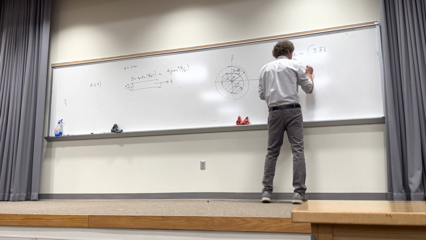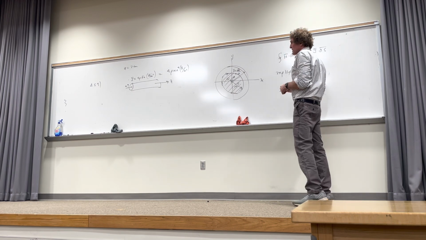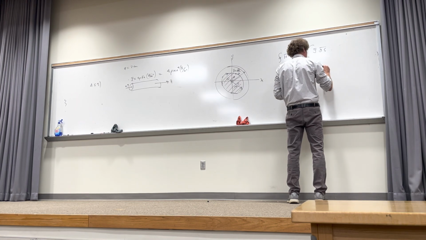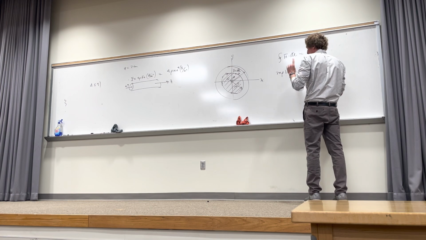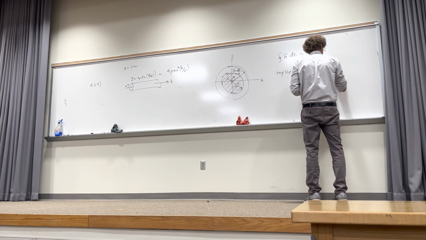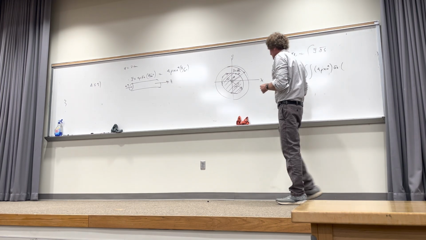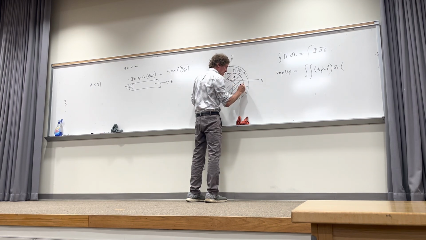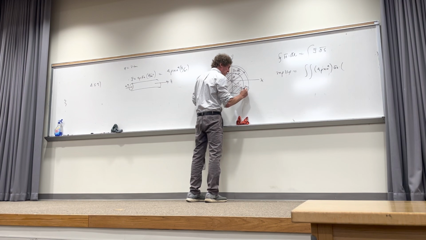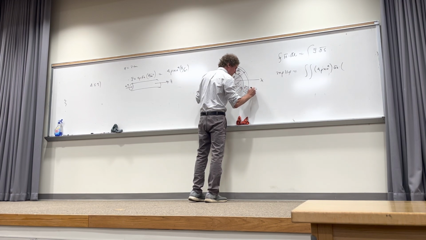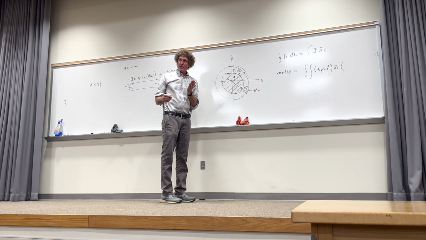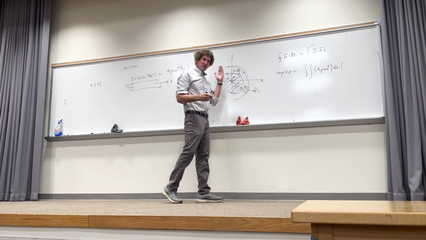Now over here, I put down the actual current density. It's 4 rho times 10 to the 4th amps per meter squared, in the AZ direction. Now I need that dotted with the differential surface. The differential surface I'm showing you has to have an AZ component, because it has to be perpendicular to the plane it's cut from.